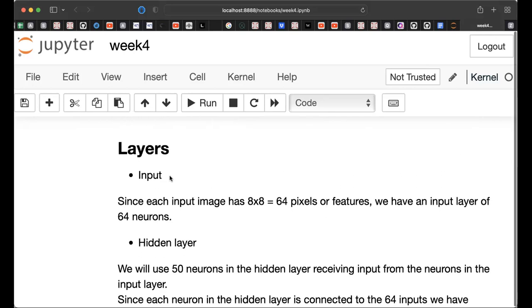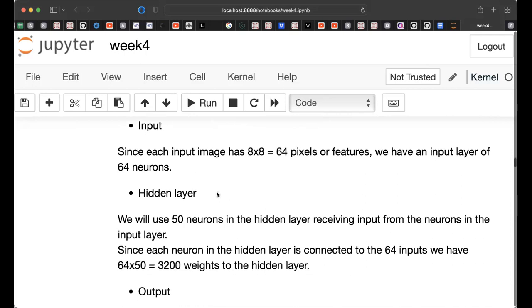So we're going to set up an input layer, which now takes for every image 64 inputs, which are the pixels, or we may just call them features. Then I have my hidden layer, and in this specific model, I'm going to have 50 nodes, or neurons, as we call them.